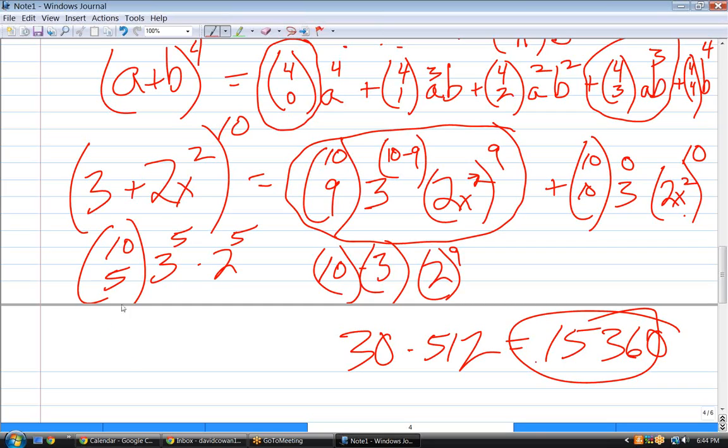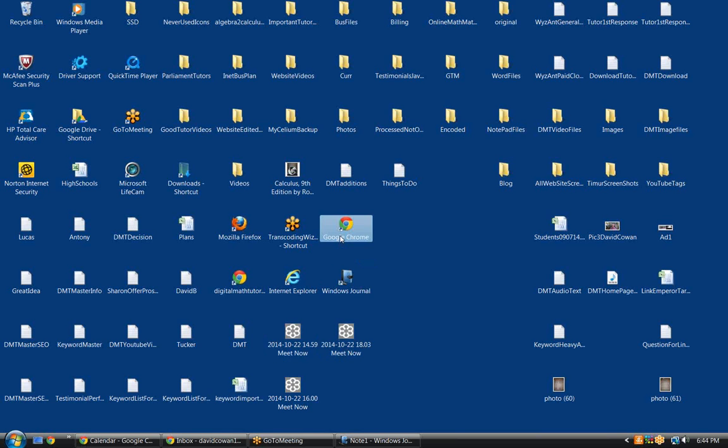Let's see. 10 choose 5 is 10 factorial over 5 factorial times 5 factorial. I'll tell you what. Let me feed that into Wolfram Alpha. I bet it is the same number.